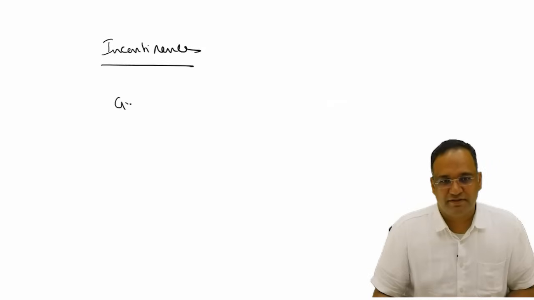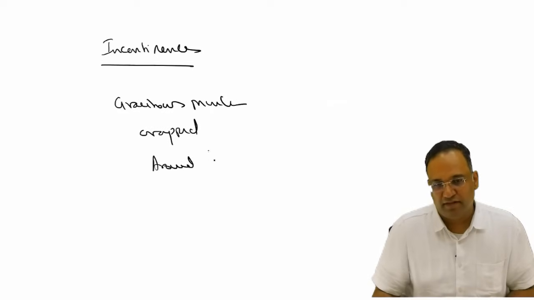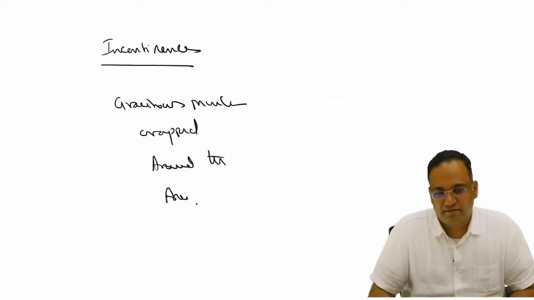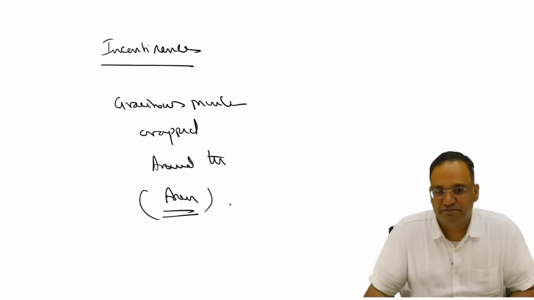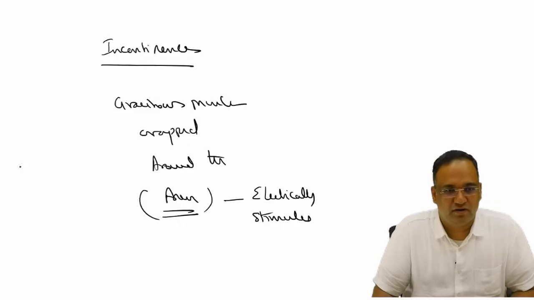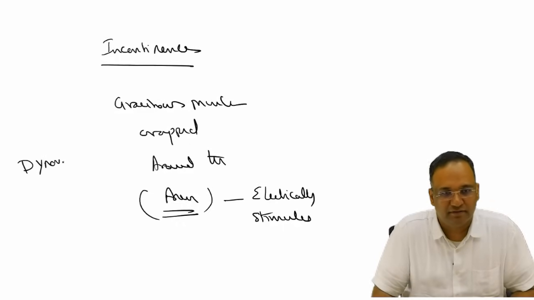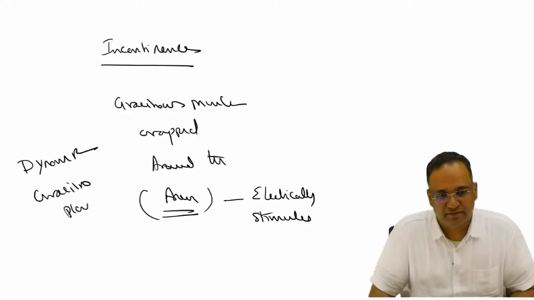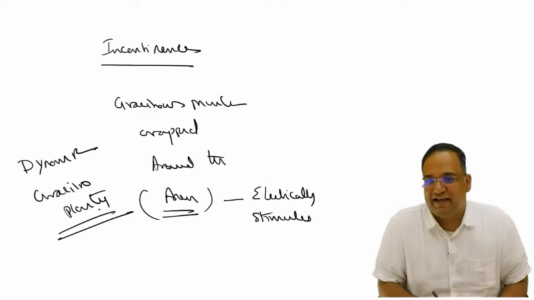The gracilis muscle is wrapped around the anus to reinforce the anal sphincters, and when you electrically stimulate it, this is called dynamic gracilioplasty.